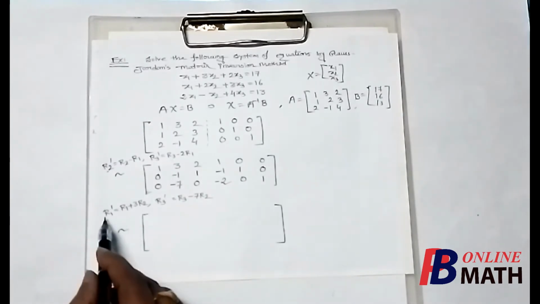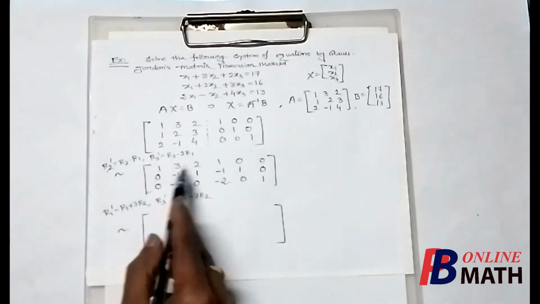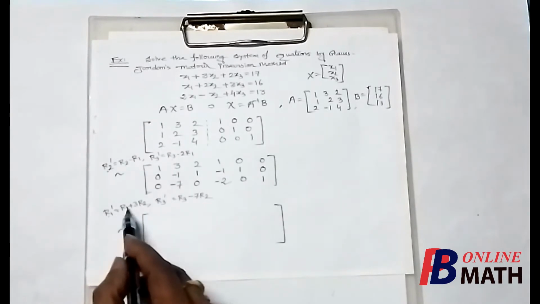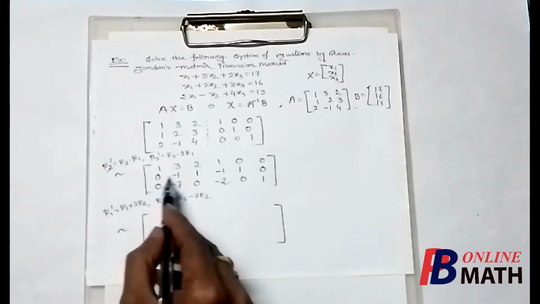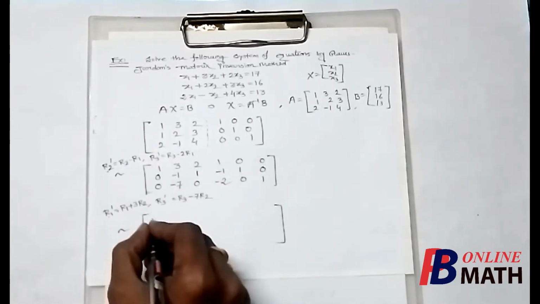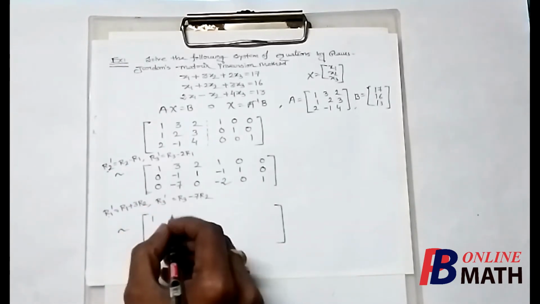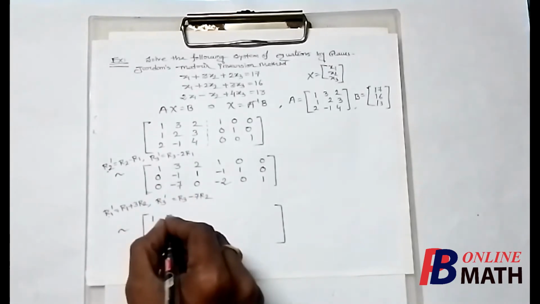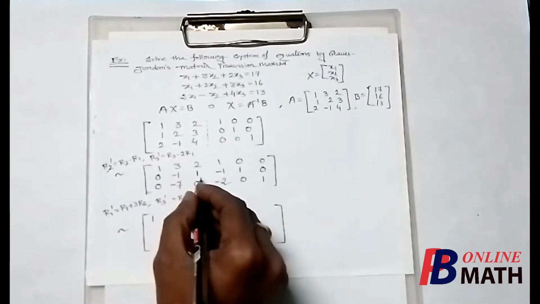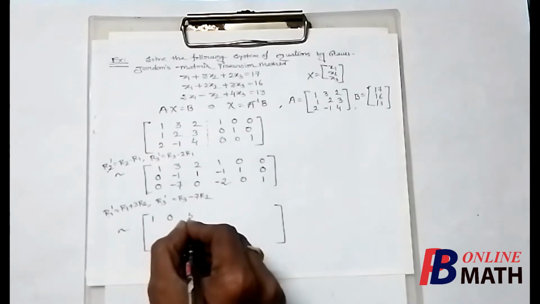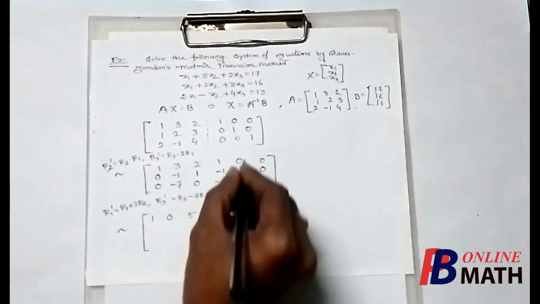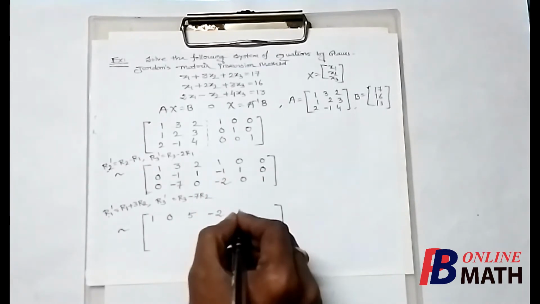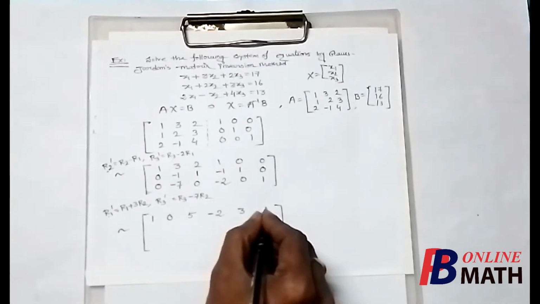So if we apply this row operation on the first row, that is R1 dash equal to R1 plus 3R2, then the first row becomes 1, 3 plus 3, actually 3 minus 3, 0, 2 plus 3, 5, 1 minus 3, minus 2, 1 plus 3, which is 3, 0 plus 0, 0.